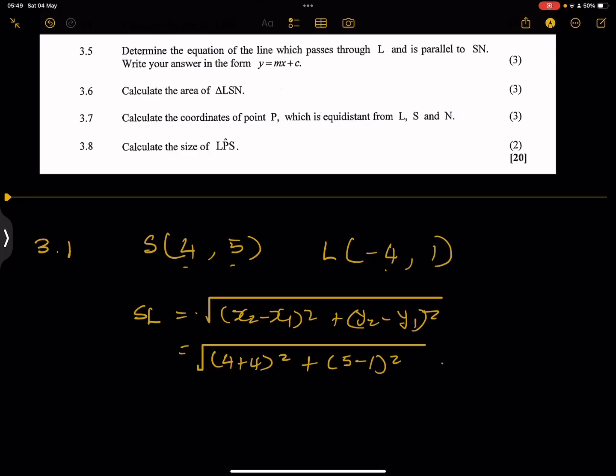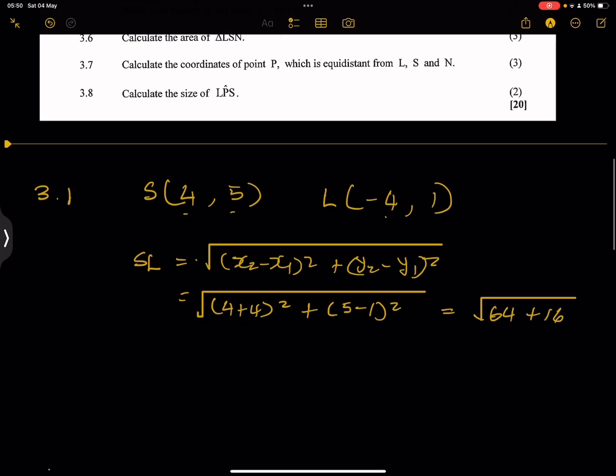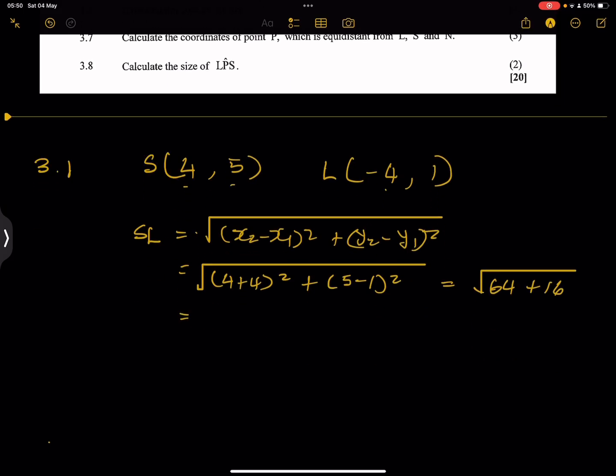This gives us 8 squared, which is 64, plus 4 squared, which gives us 16. And this will give us the square root of 80.